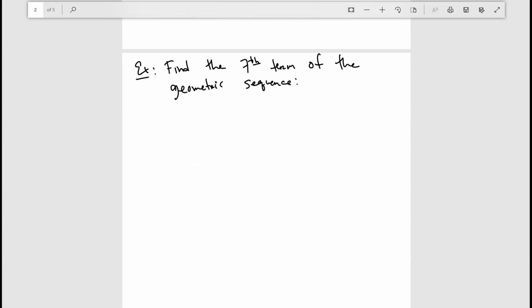And my question is going to be 8, 4, 2, 1, so on and so forth. So what is going to be the 7th term? So again, this is geometric. So you're going to have a_n is equal to a_1 r to the n minus 1.